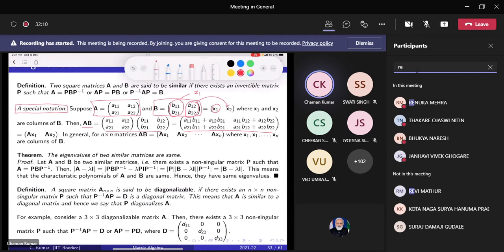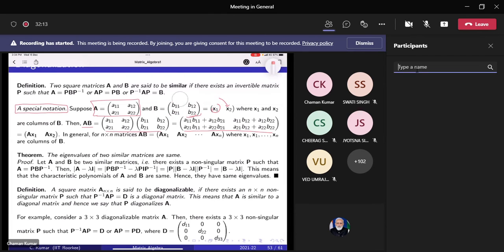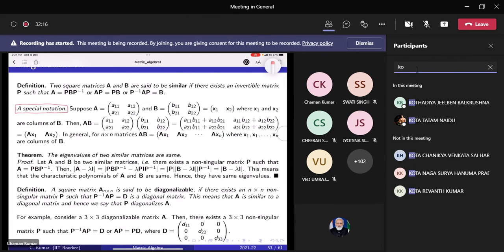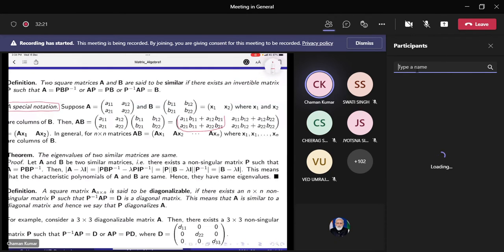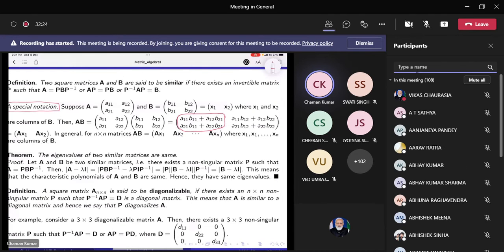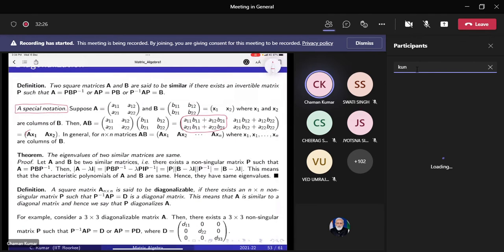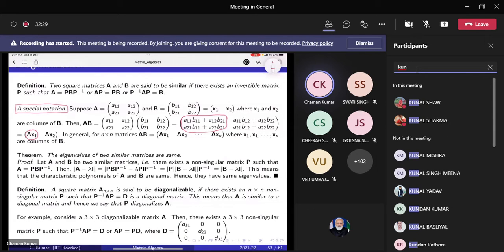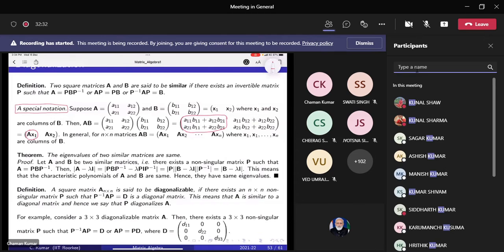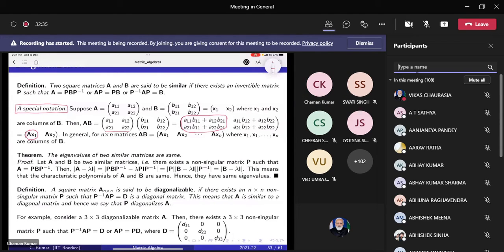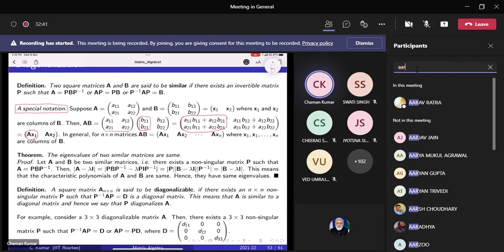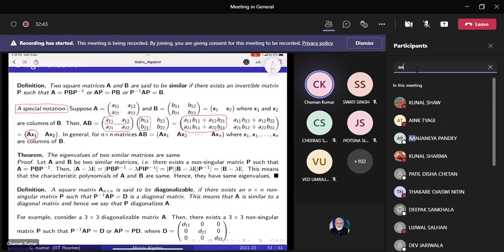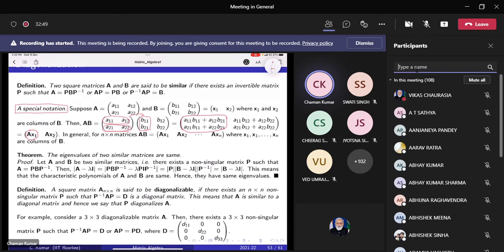And from here we can see that the first column of this product can be written as the matrix A times the first column of B. So this is matrix A and the first column of B. When you do this product, you basically multiply the first row by this one, and then the second row by this one.